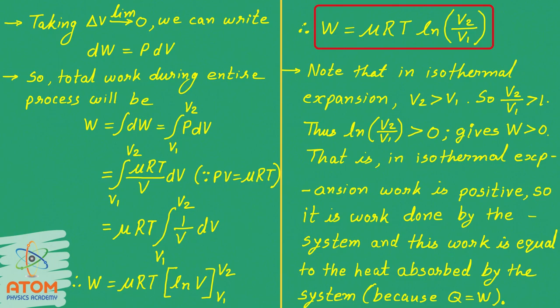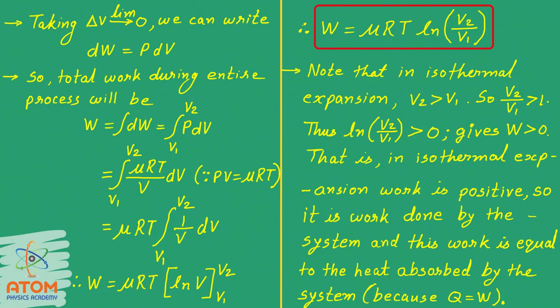This shows that in isothermal expansion work is positive, so obviously it is work done by the system. I hope you remember that when the work is done by the system, work is positive. Okay. And this work is equal to the heat absorbed by the system.